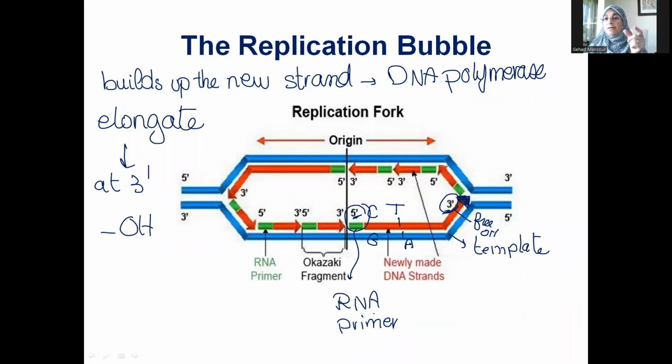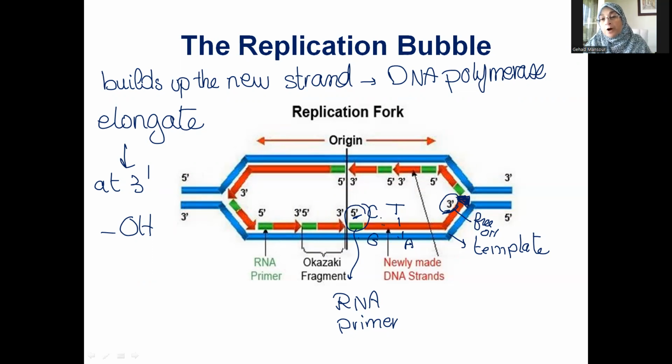And this RNA primer acts like a signal that tells the DNA polymerase that this is where you have to start the process of DNA replication. The third rule is that DNA polymerase has to build two strands, one on top of this template strand and one on top of the other strand.